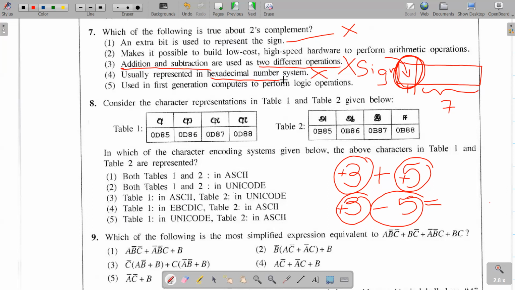Hold on. First generation computers to perform logic operations. First generation usually takes ones and zeros as the input, so there is no need to do the conversions. Yeah, subtraction and additions.